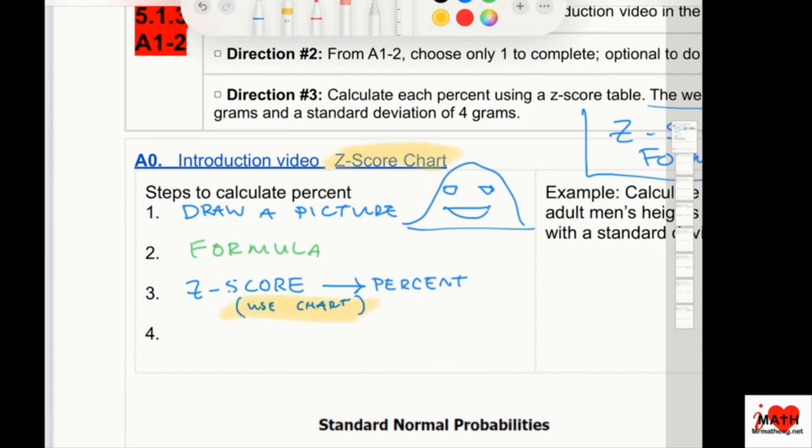Use that chart right there. I'll show it to you guys in a second. It looks kind of complicated, but we'll use a smaller version of it in this example. And then lastly, go ahead and just solve.